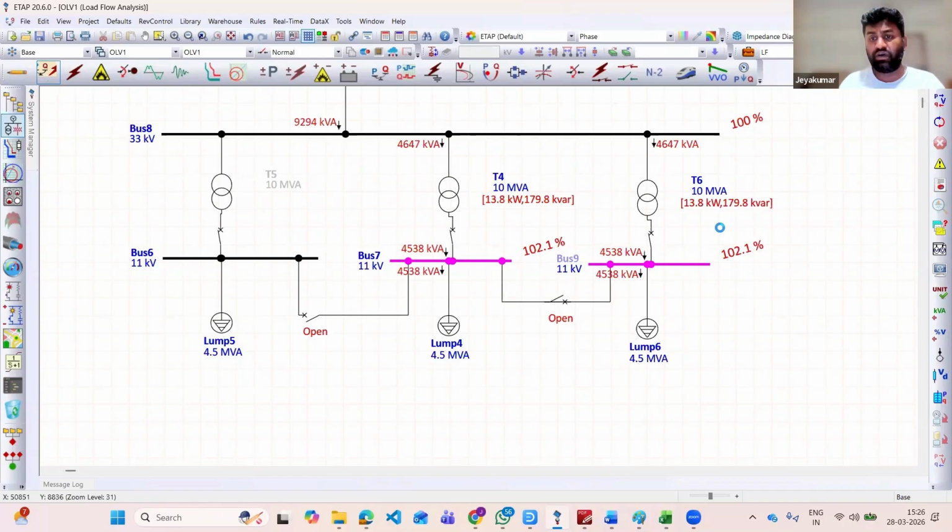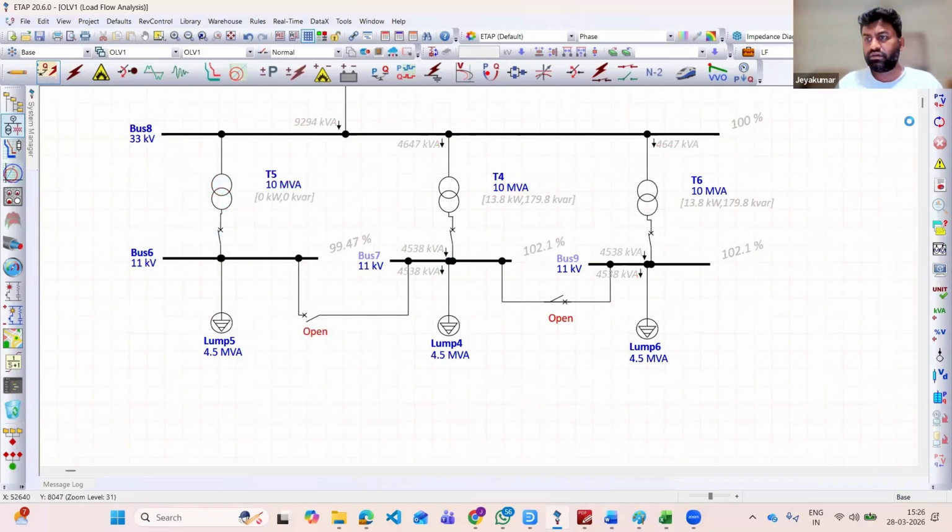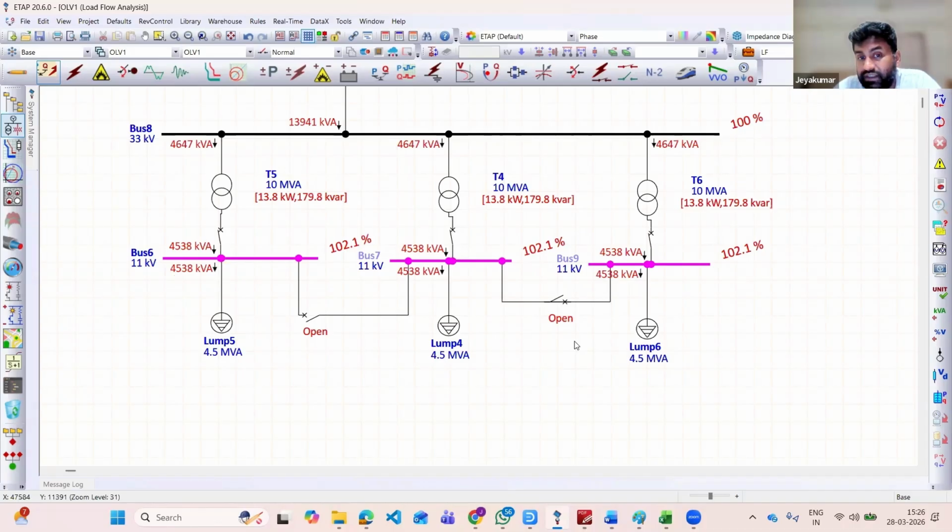That means the entire load is divided. So here the challenge is you can connect vice versa. Previous configuration also you can accommodate.